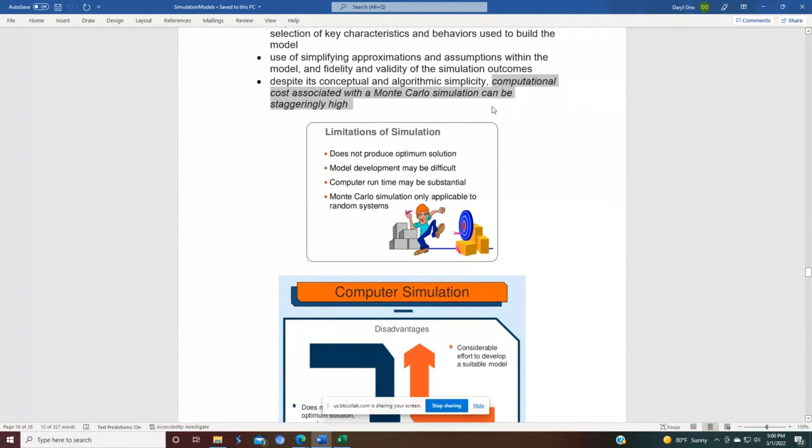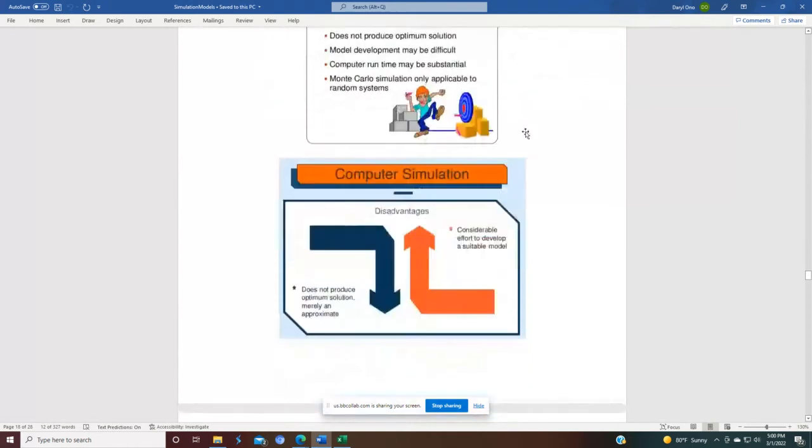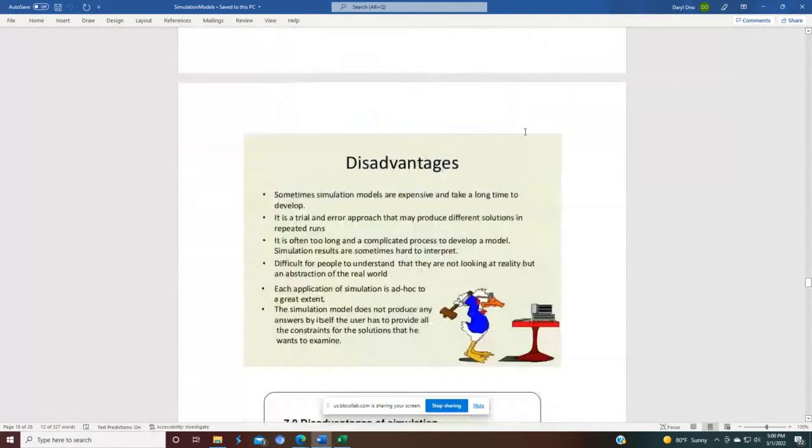Okay, so that's really the main criticism of simulation analysis, is that it's just so expensive to do. Even though it's safe, even though you can replicate it, it's expensive to do. And here I have more.